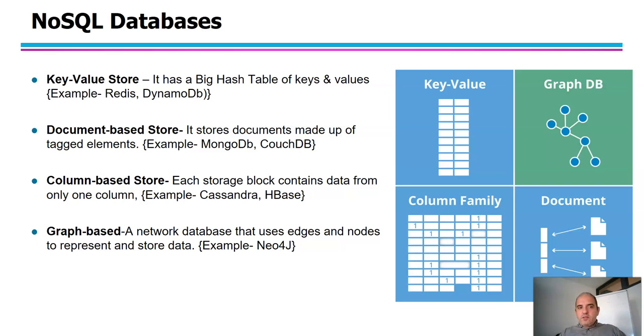And the third one is the document-based store. It is just like a database, but indeed it is not a database like the others, because the data are stored in a document. By document, we mean documents written in JSON or XML, a specific type of coding or type of storing data.